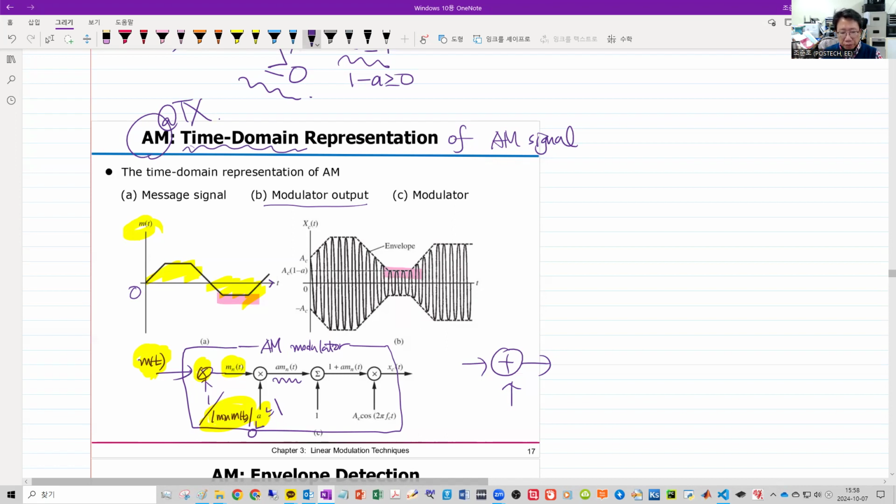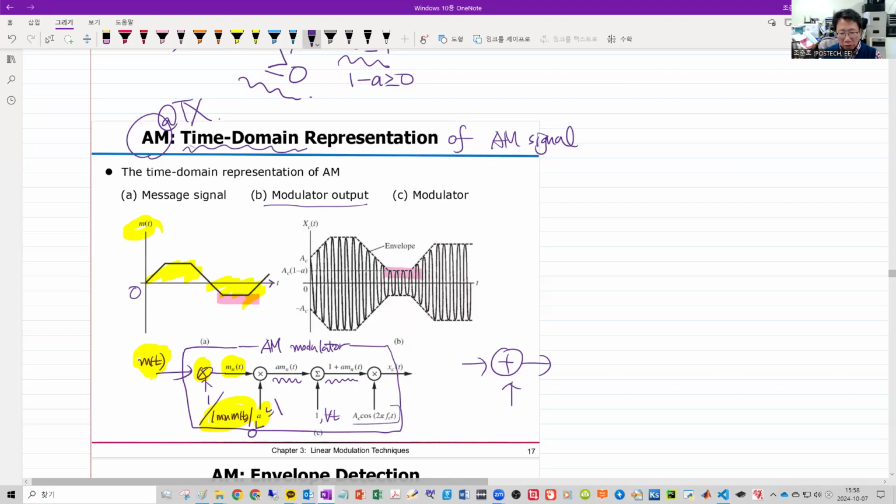Anyway, here 1 means 1 for all t. It's a constant time function. So you add the constant signal. So you have 1 plus the modulation index of AM times the normalized message signal.